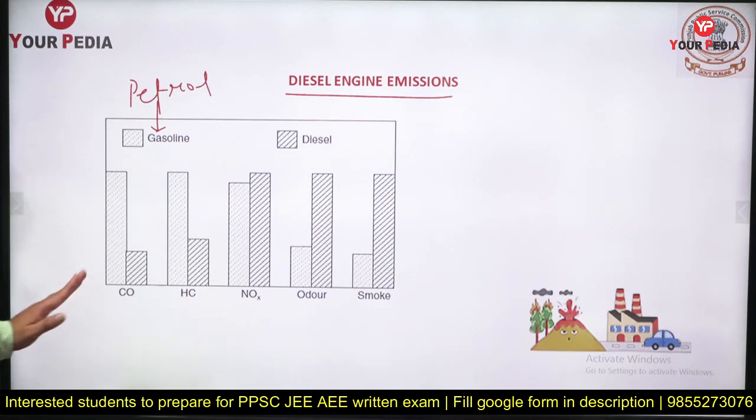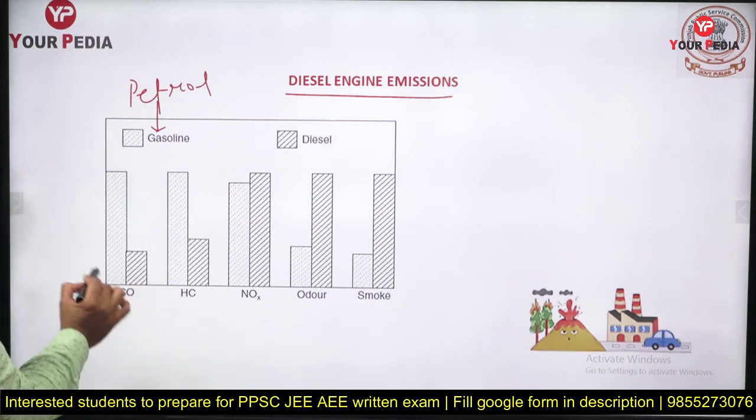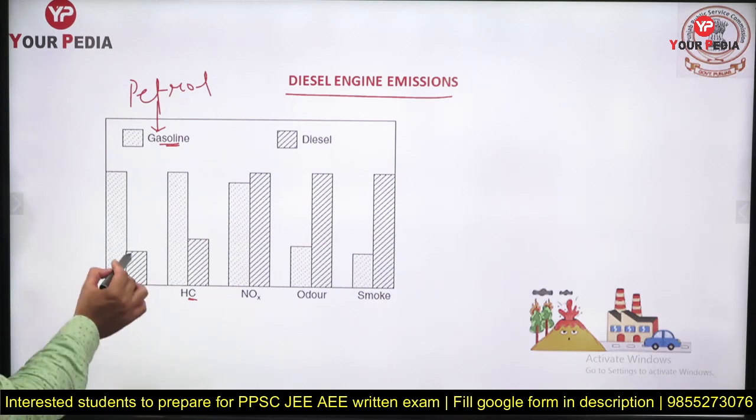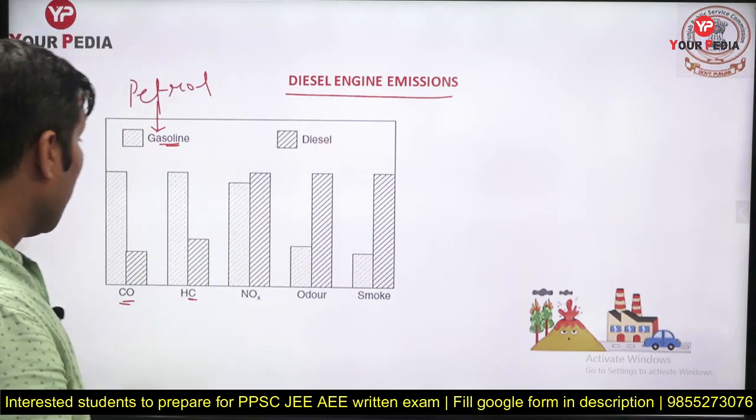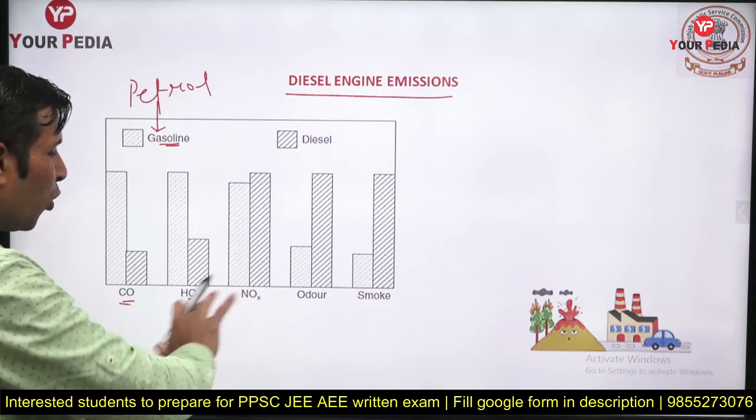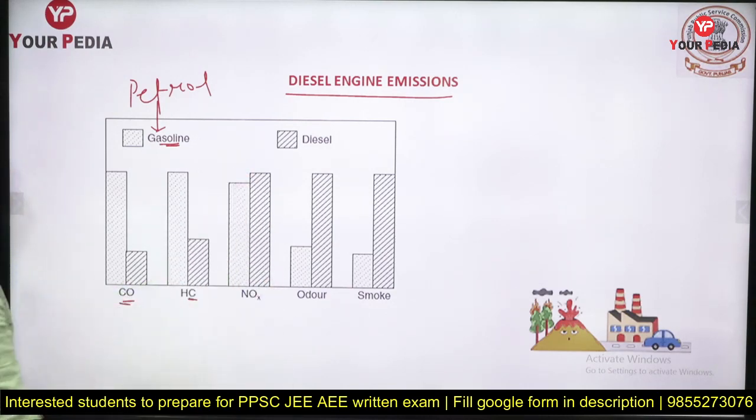So carbon monoxide emission, this dotted line, what is this representing? Gasoline, petrol. You can check it here, the carbon monoxide emission is much higher in petrol, hydrocarbon emission is much higher in petrol. Carbon monoxide emission is much lesser in diesel, hydrocarbon emission is lesser in diesel. Why? Due to the excess air present in the diesel engine. Whereas NOx emission is almost comparable, slightly more in diesel engine.